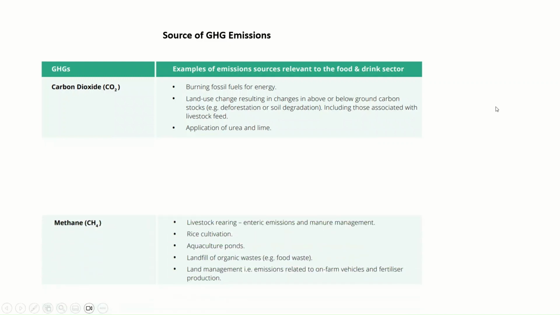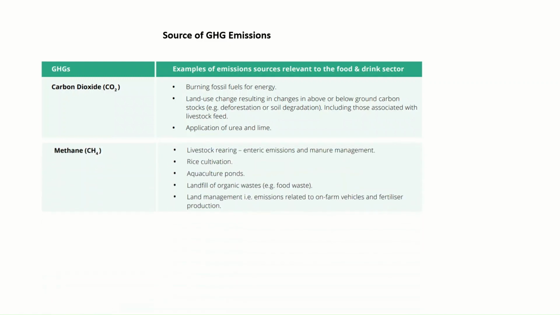The other one is methane. Methane is one of the most dangerous gases in the greenhouse gases category. A possible source of methane is livestock rearing. Whenever we do livestock farming, the enteric fermentation that happens inside the stomach of those livestock produces methane.